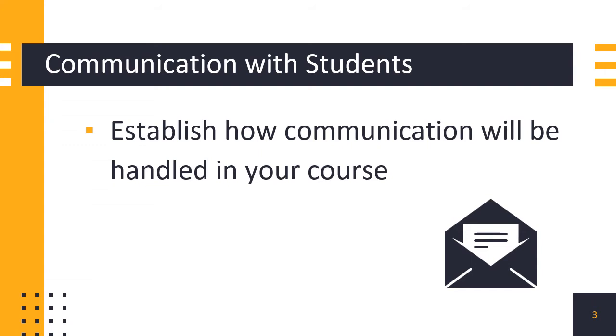Maybe they'll use a different email address, or maybe they'll let students have their number or social media. Whatever communication you're going to do, that needs to be established in the very beginning. And students also need to know, if you're going to communicate with them, should they expect an email, should they expect a Canvas inbox, whatever that method is going to be, so students will know what to be on the lookout for.